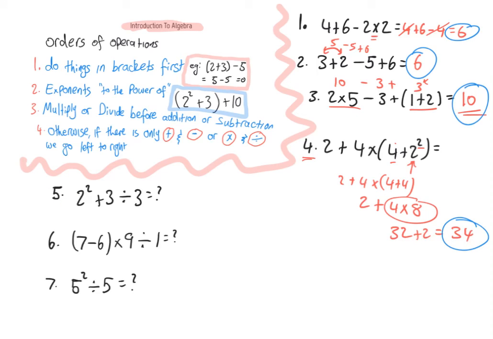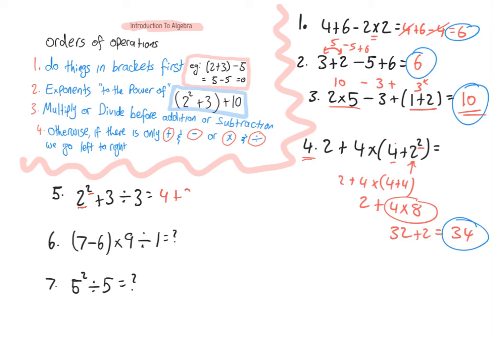Question number 5. We've got 2 to the power of 2 plus 3 divided by 3. We do not have any brackets, but we do have to the power of, followed by division and then addition. So we're going to start with 2 to the power of 2, which is 4.